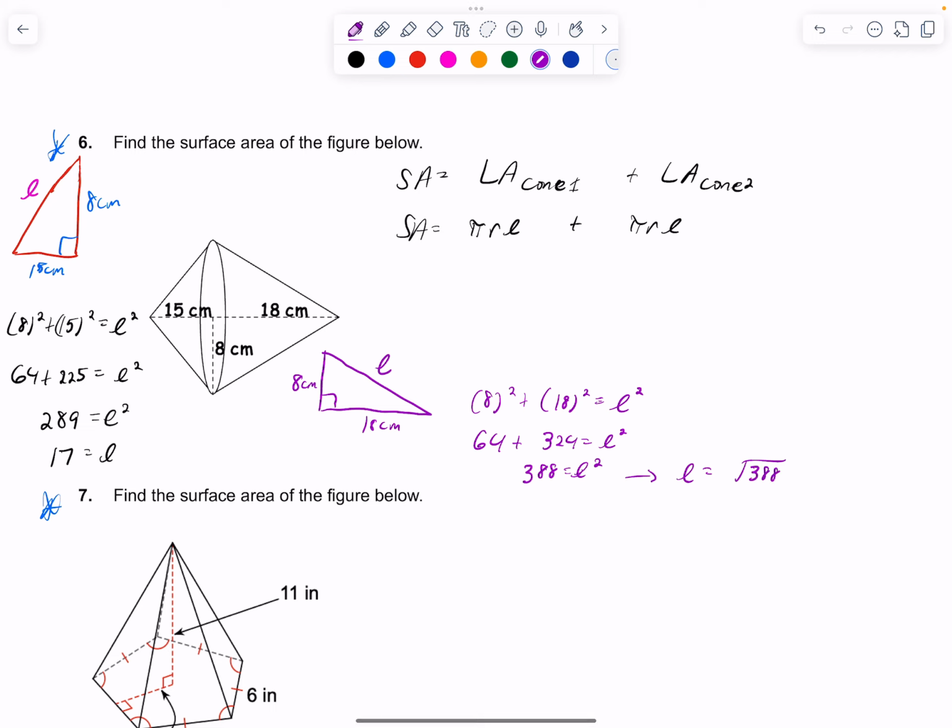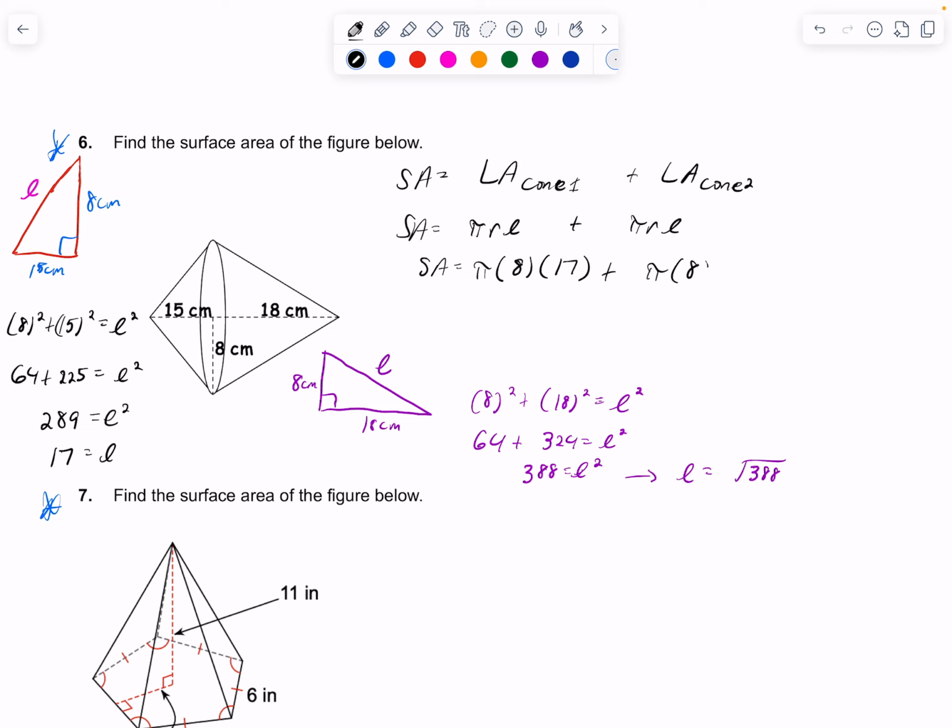Okay, now when I do this one here, because I'm going to be plugging it into another formula, I'm not going to find a decimal approximation for that. So I'm going to wait till the end before I actually do that. Okay, so what I'm going to do is plug in my numbers now, starting with pi. The radius is 8 for both of these. I'll do the slant height for the first cone, the one on the left we said was 17. We found that one.